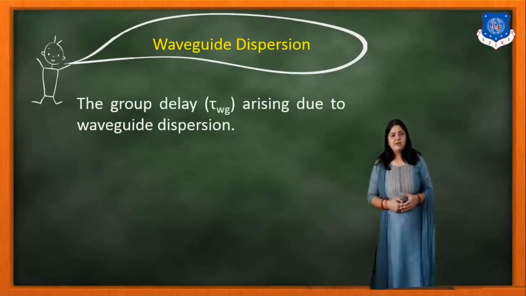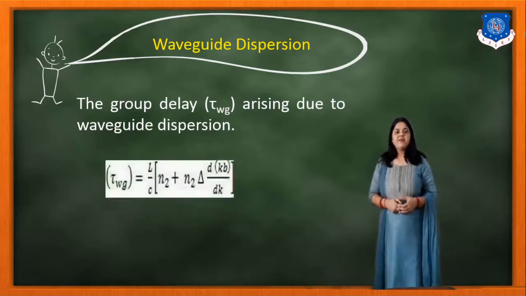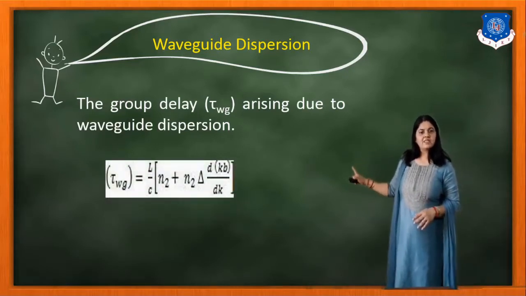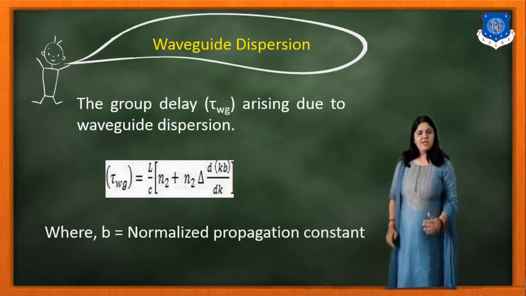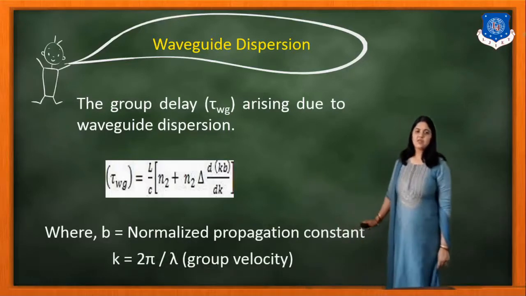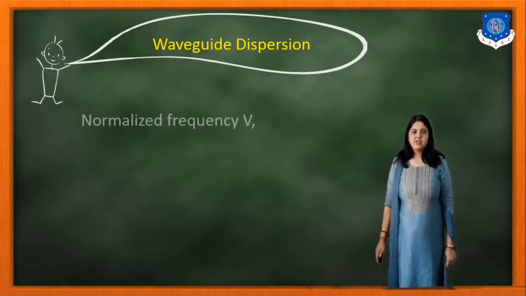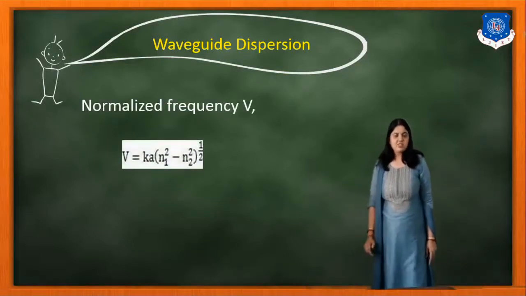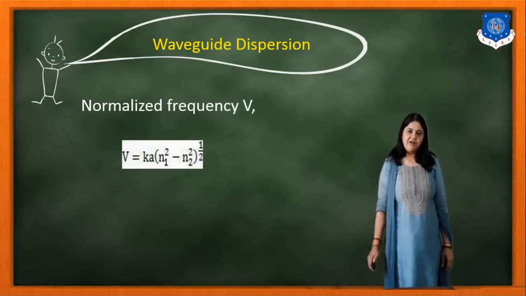The group delay tau Wg arising due to the waveguide dispersion is L upon C, N2 plus N2 delta d(Vb) upon dV, where b is the normalized propagation constant, k is equal to 2 pi upon lambda, and that is the group velocity. The normalized frequency V is equal to ka, (N1 square minus N2 square) whole raised to 1 half.